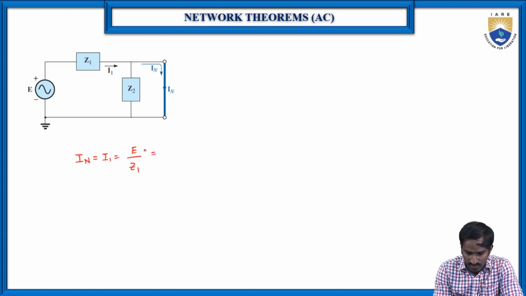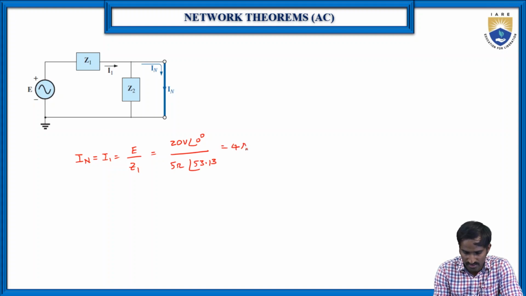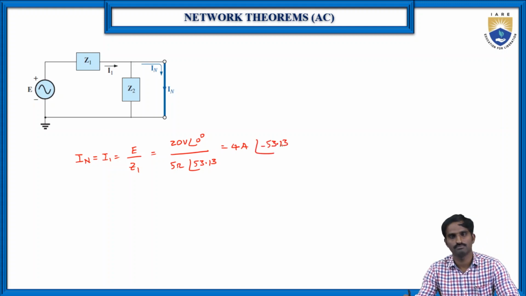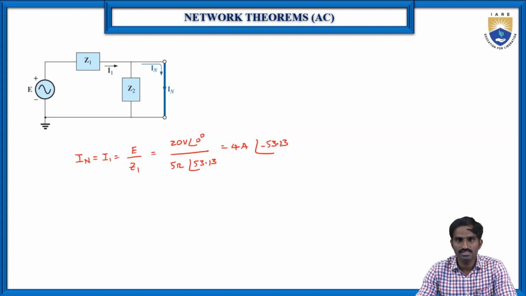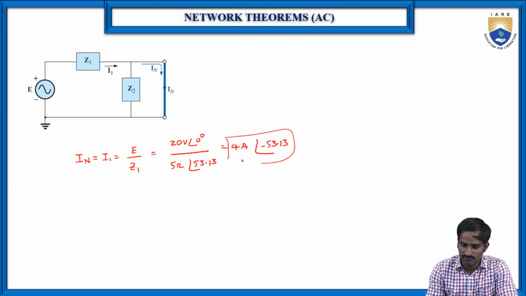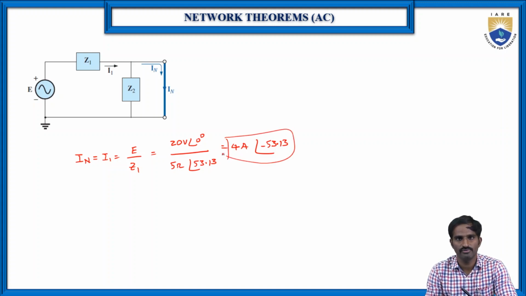The value of E given in the problem is 20 volts at an angle of 0 degrees, divided by Z1, which in polar form is 5 ohms at an angle of 53.13 degrees, which is equal to 4 amperes at an angle of minus 53.13 degrees. So the Norton's current is 4 amperes at an angle of minus 53.13 degrees.